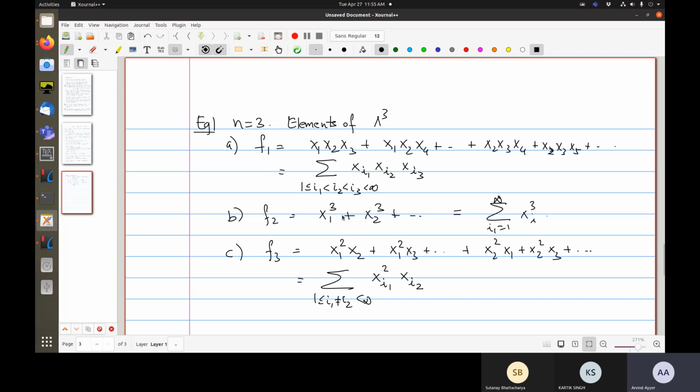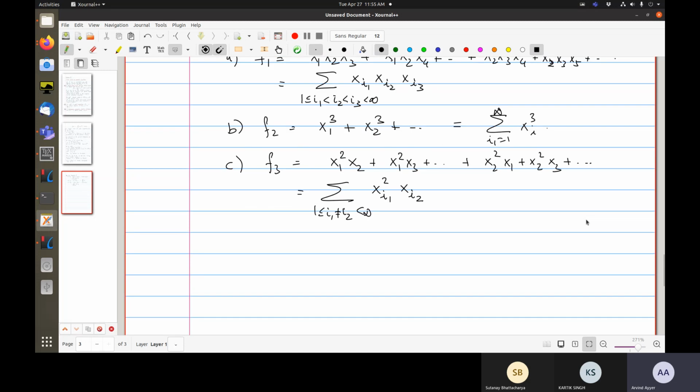There will be x1 squared plus x2 squared plus so on, and then you will have x1 x2 plus x1 x3 plus so on, and that will be it. So there will be two elements. And when n is 1, there's only one element, which is x1 plus x2 plus so on. So for 1 you get 1, for 2 you get 2, for 3 you get 3. So it's natural to think that for n equals 4 you will get 4 elements, but actually you will get 5.